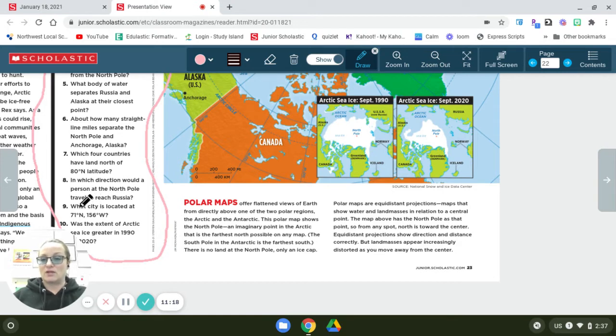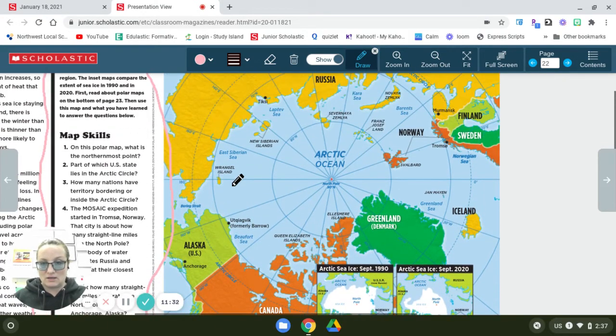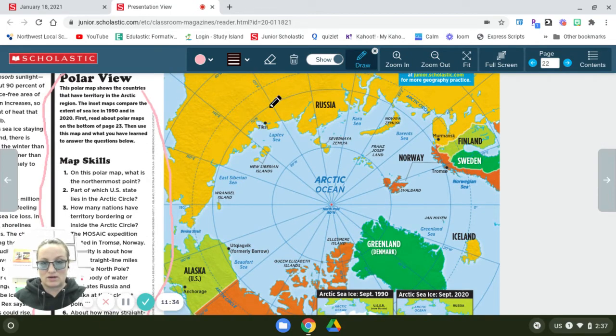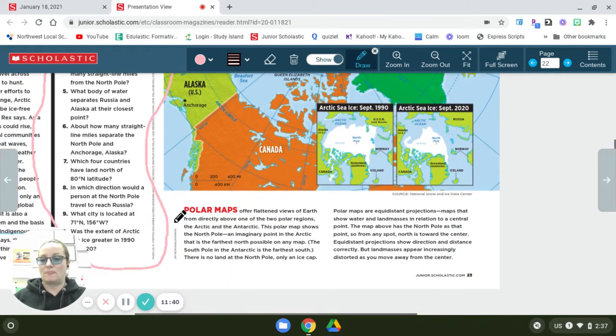All right, let's look at number 9. What city is located at 71 degrees north, 156 degrees west? All right, so we're going to find the 71 degrees north. So here's 70. So now find out where 71 would be by drawing a little line around it if you'd like.